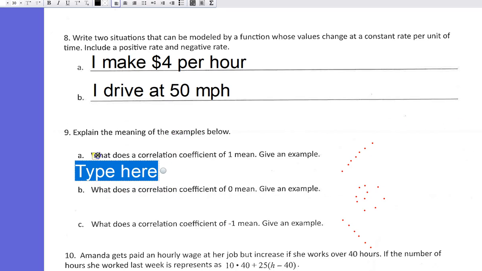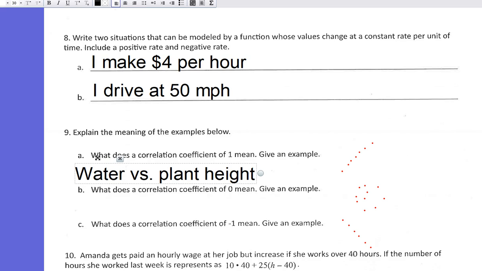What is something that increases? Like what makes a plant grow? The more water: water versus plant height. When you give a plant more water, it makes the plant grow. What makes a plant die?